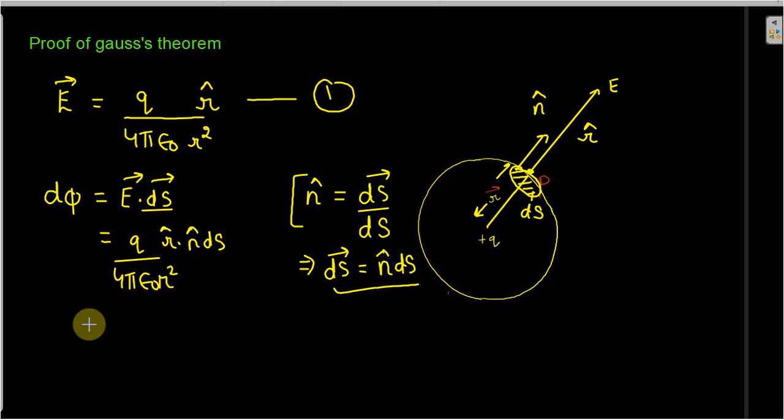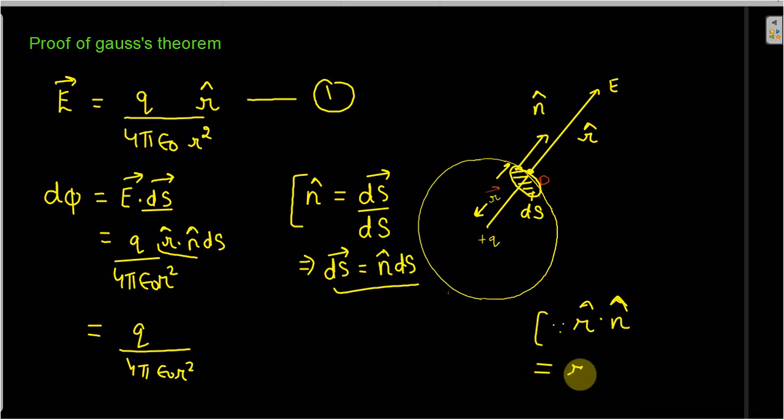Now in the next step we have to solve this. Q by 4 pi epsilon naught R square will remain as it is, and we will solve the term R cap dot n cap. This is a dot product. So how will you write the dot product? If you have A dot B, you write AB cos theta.